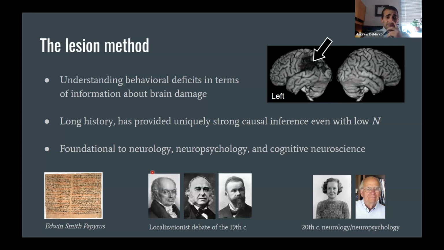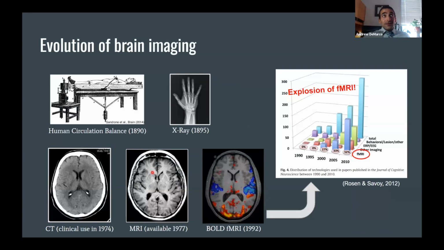And so, since the 19th, 20th century, the late 20th century and 21st century, the lesion idea has been overshadowed by the emergence of fMRI and activation studies. And I always use these three movies as touchstones.